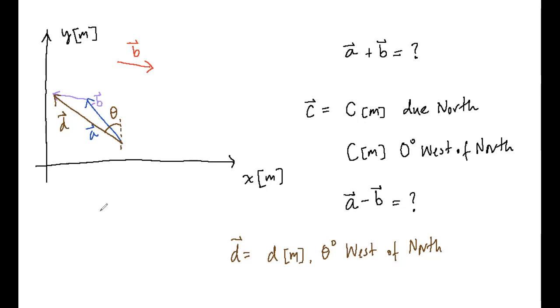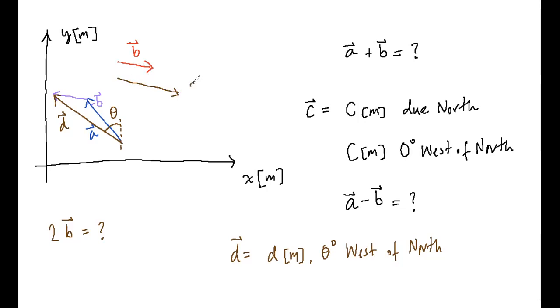For example, if I wanted to know what 2 times B was, I would take this scalar 2 and multiply B by it. That produces a vector that's exactly in the same direction, but exactly twice as long.